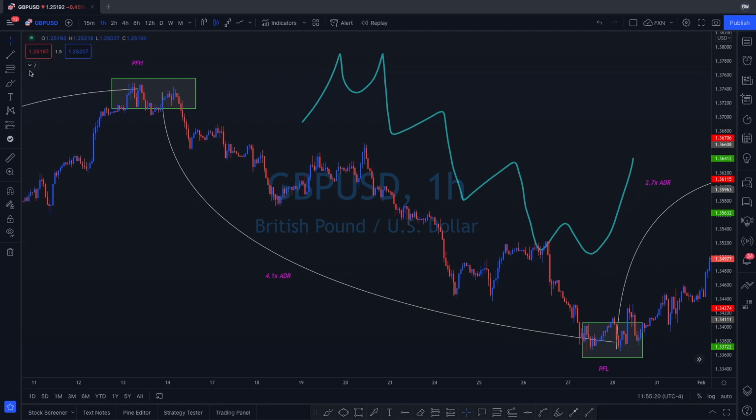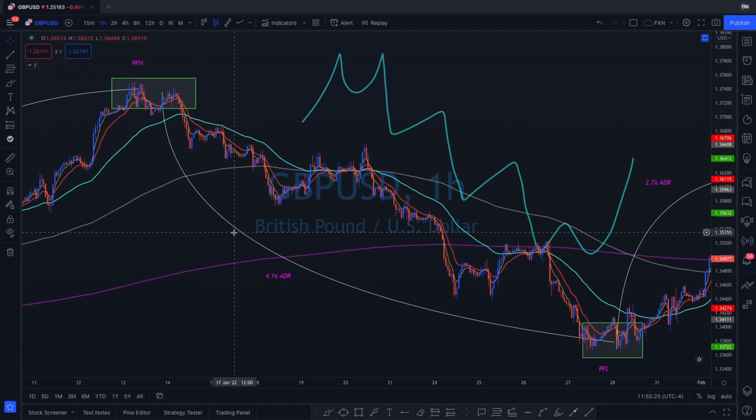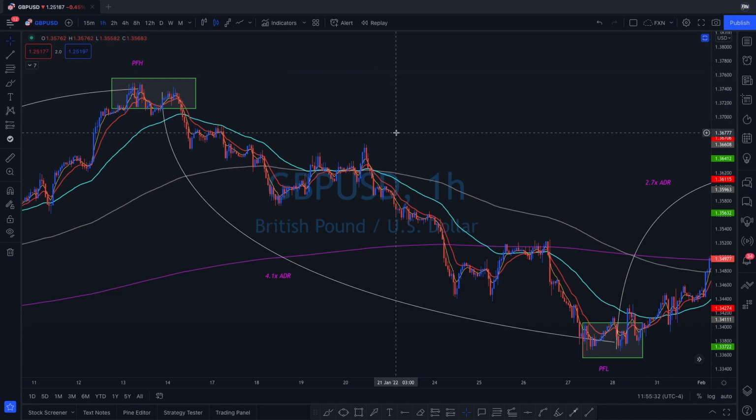So if we just put in the EMAs real quick so we can look at this, you can see essentially that we have the crossover of the 13 and 50 here. That essentially confirms that we have a peak formation high.